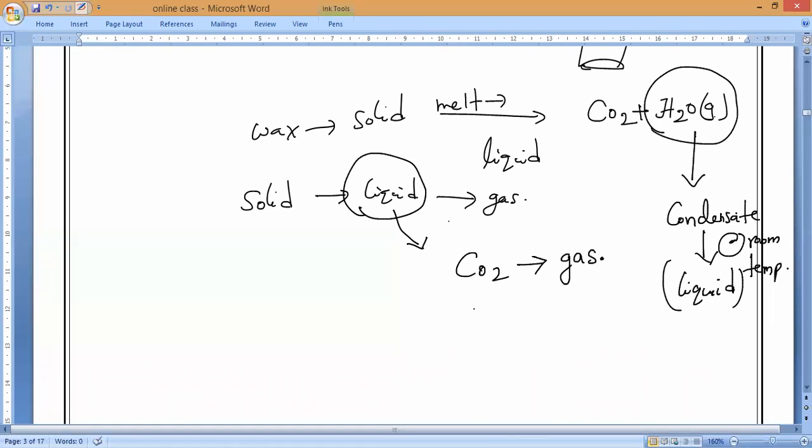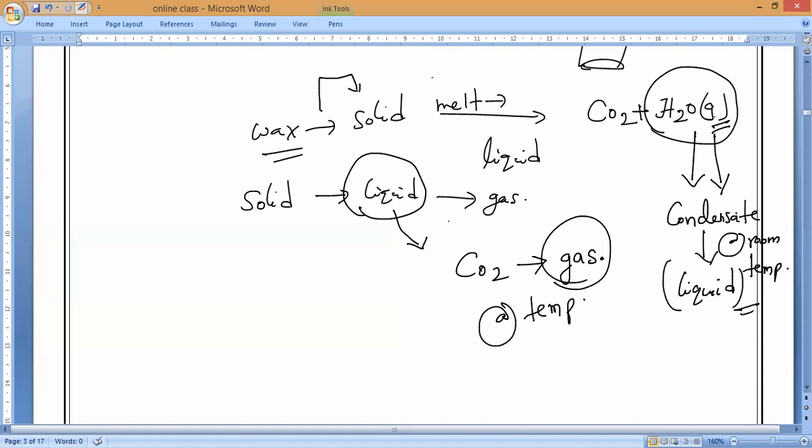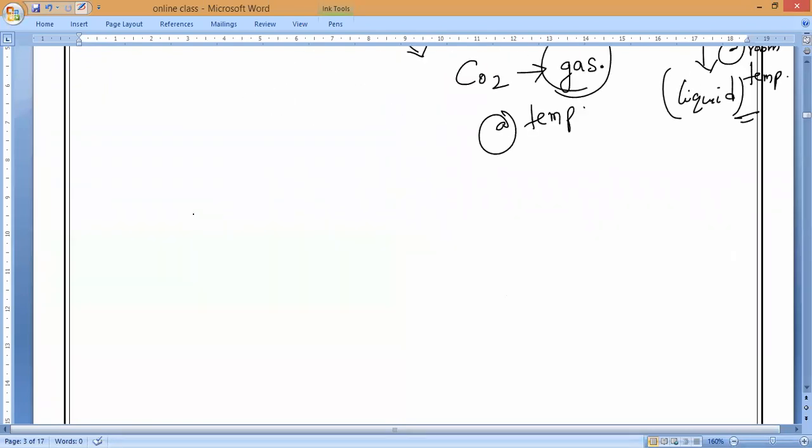So that is what you have to remember: at room temperature, carbon dioxide is a gas, and the water vapor will be condensed back into liquid state, and wax is a solid which will melt and produce this water and carbon dioxide. So this reaction is under the characteristic of what? Change in state.